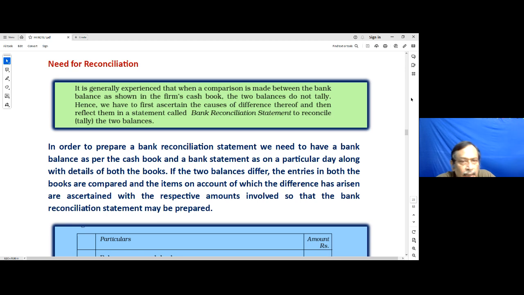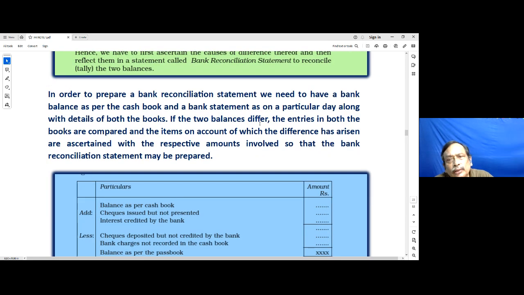Hence, we have to first ascertain the causes of difference thereof, and then reflect them in a statement which is called bank reconciliation statement. To reconcile means to tally the two balances. So, in short, if there is a disagreement of balance between bank balance as per cash book and that of bank statement or passbook, there is a need for reconciliation.